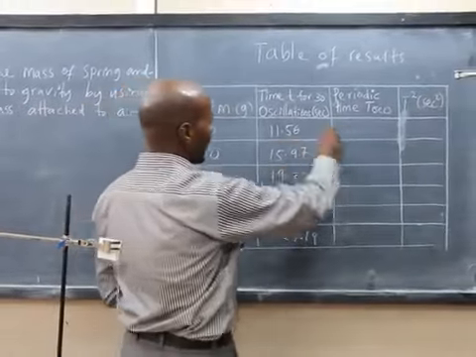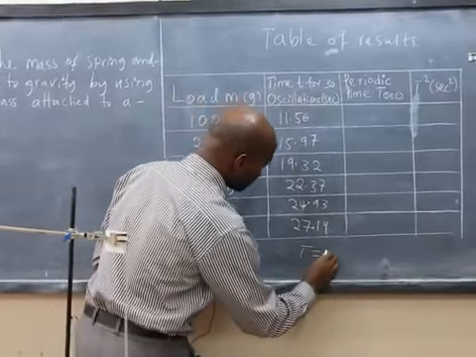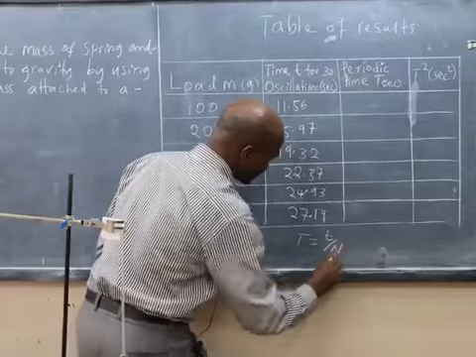Now let us complete our table by filling in the periodic time. Periodic time is equal to the time taken over the number of oscillations.